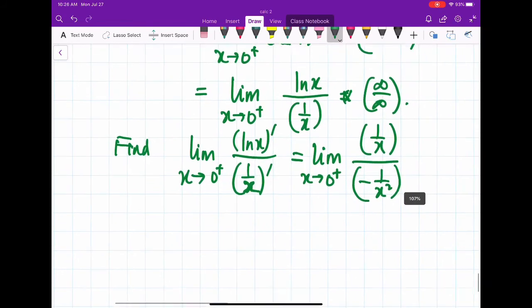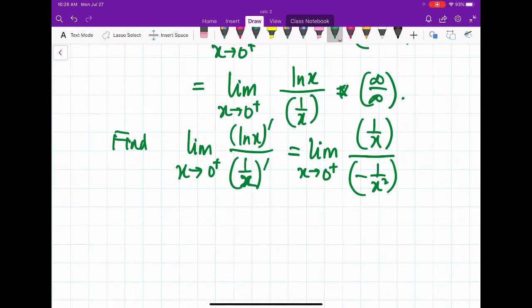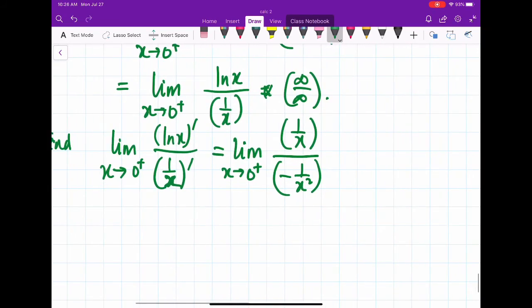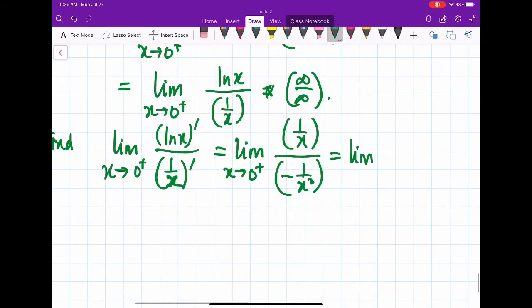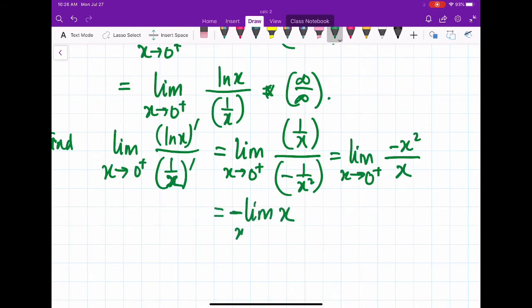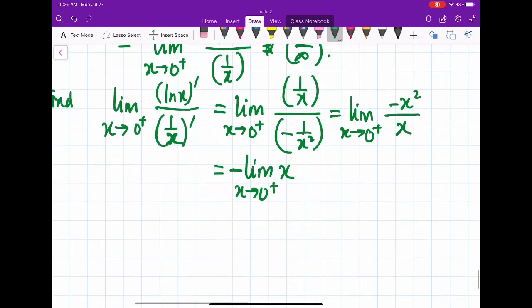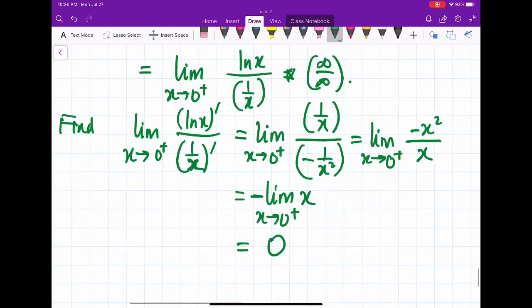So you divide by negative 1 over x squared means you multiply by negative x squared, right? Just multiply by the inverse. So you get negative x squared divided by x. X approaches 0 from the right. And this is limit of, okay, let's say minus in here, limit of x. X approaches 0 from the right. And you get 0. Perfect.